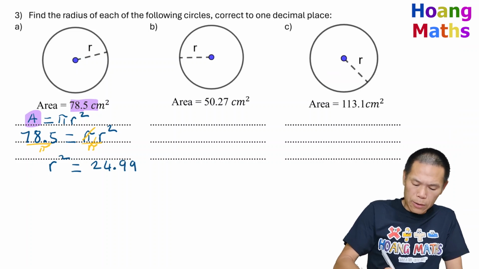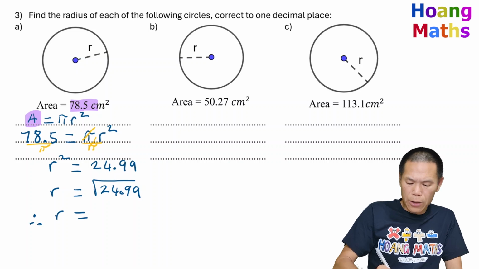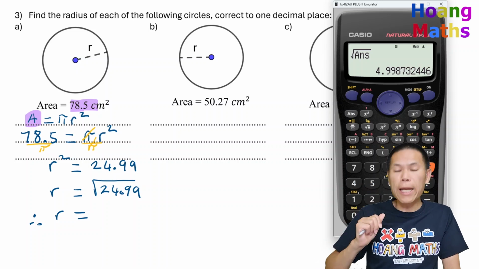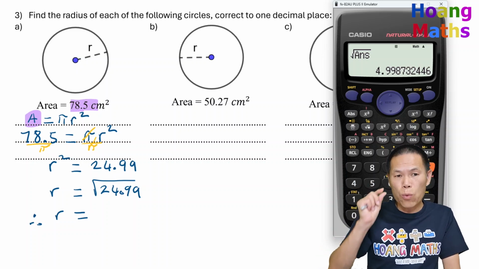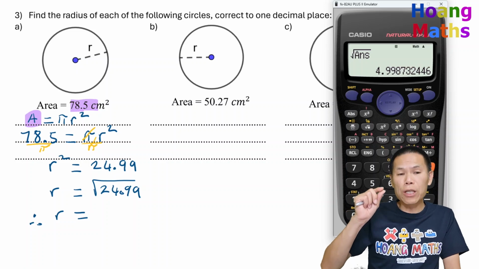24.99. So therefore r is equal to the square root of this. Press the answer button. So there you go, 4.99 and so on, correct to one decimal place. So 4.9, but then after the 9 is another 9, so more than 5.